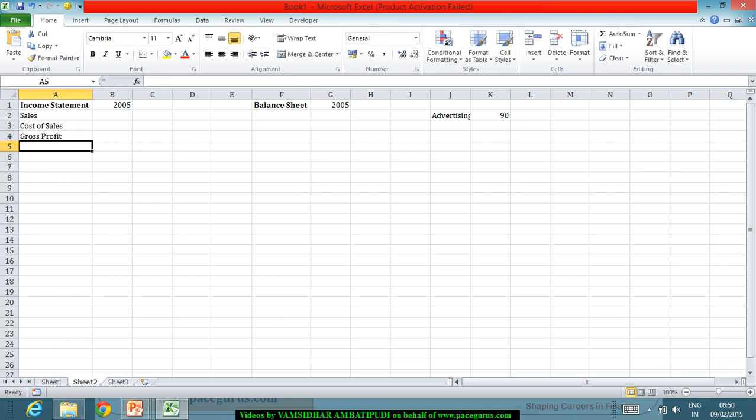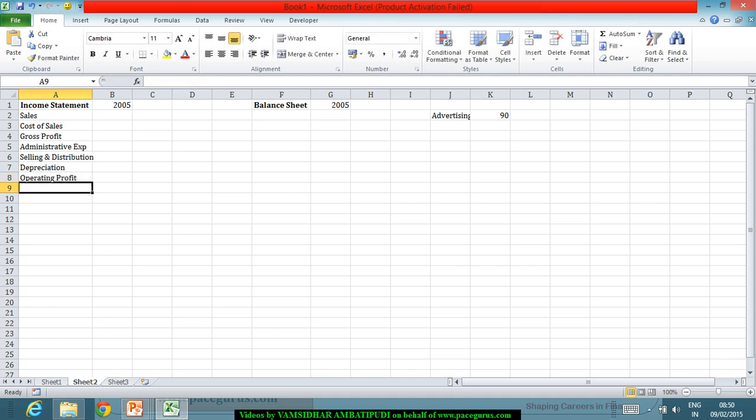Then we have administrative expenses, right? Then we are going to have selling and marketing and distribution kind of expenses. Based on these two, and we have depreciation. So all these things are typically contributing to the operating profit.